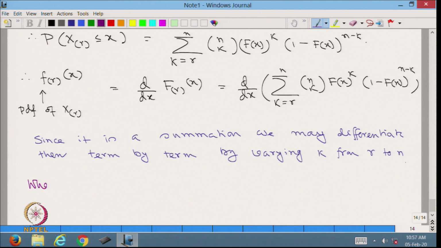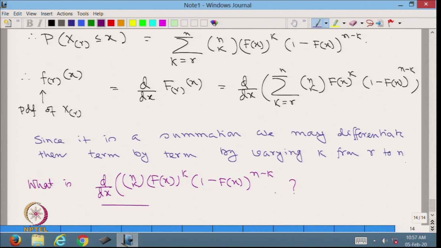So, what is d dx of n c k F(x) to the power k, (1 minus F(x)) to the power n minus k?